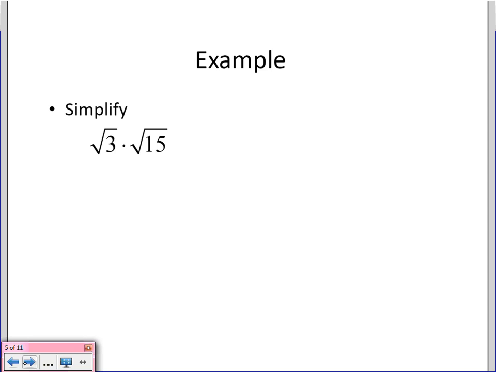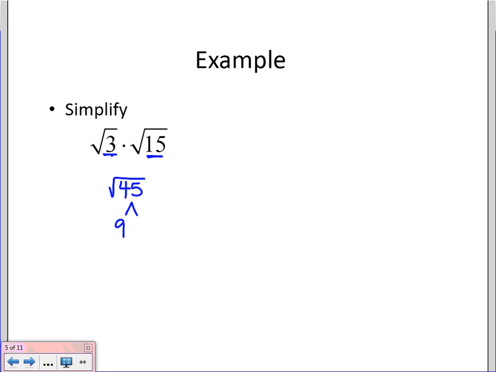Okay, now that we've got a product, we want to write this as one combined square root. So we're actually going to take the radicands and multiply them together. So I'm going to have square root of 3 times square root of 15 as square root 45. Now from here is where you're going to do exactly what you were doing before.